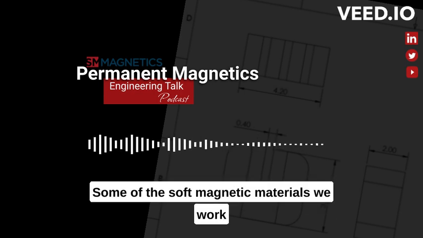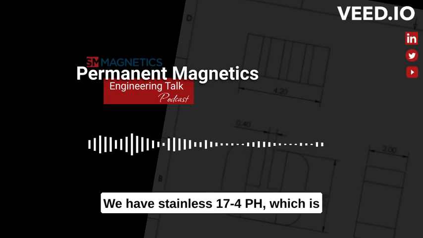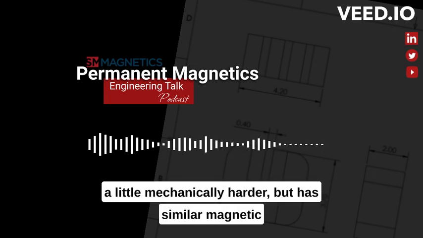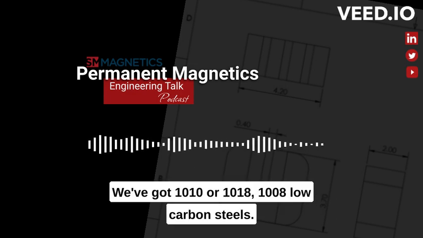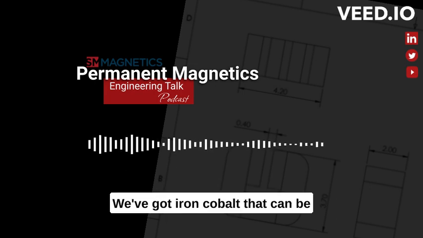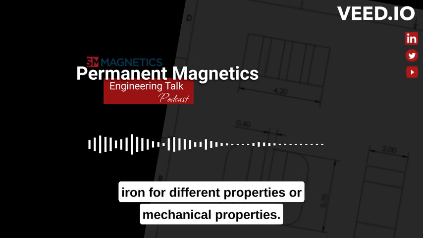Some of the soft magnetic materials we work with are stainless steel 400 series: 430, 416. We have stainless 17-4PH, which is a little mechanically harder, but has similar magnetic properties to a 400 series stainless. We've got 1010, 1018, and 1008 low carbon steels. We've got iron cobalt that can be mixed in different quantities of cobalt and iron for different magnetic or mechanical properties.